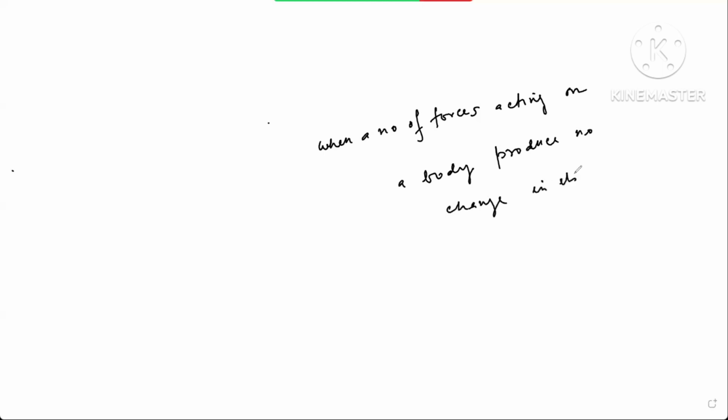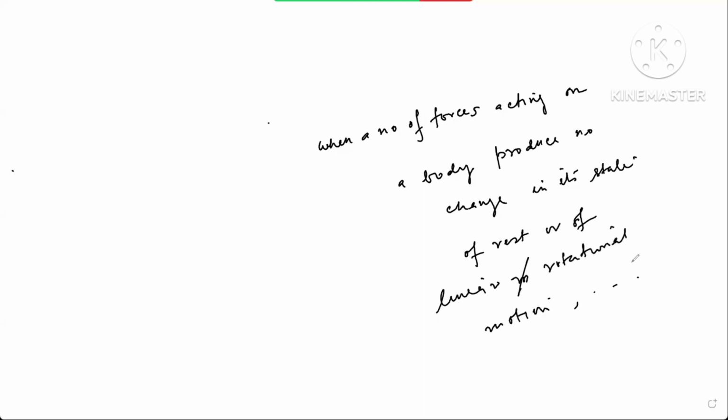When a number of forces acting on a body produce no change in its state of rest or of linear or rotational motion, then the body is said to be in equilibrium.